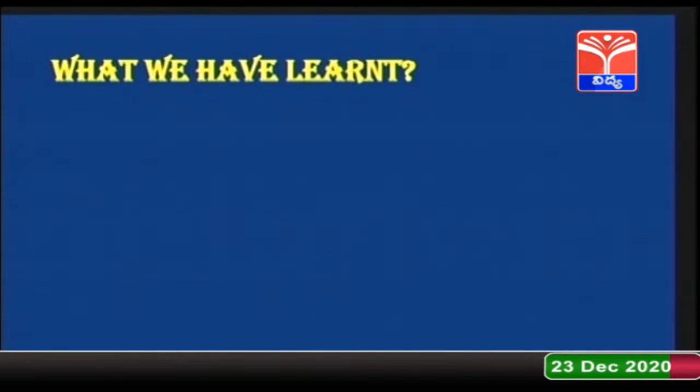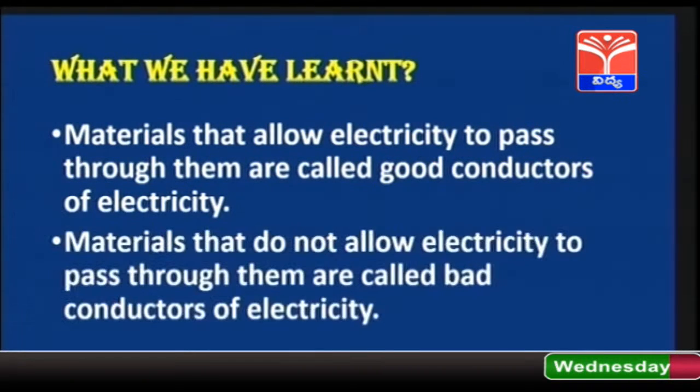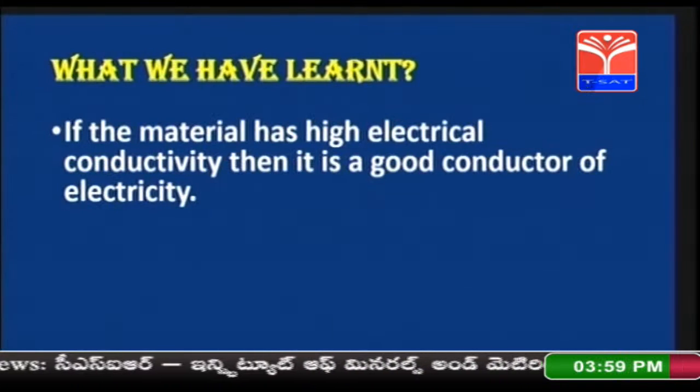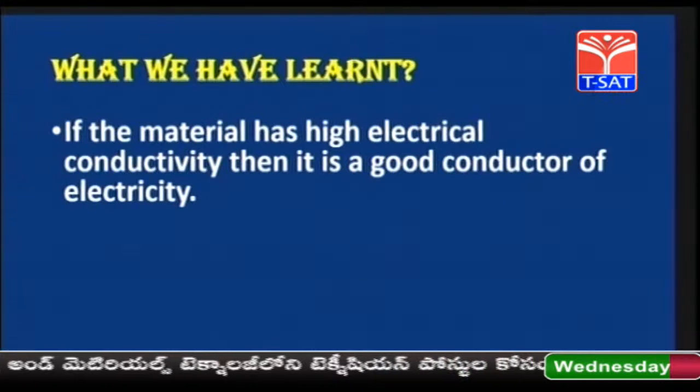Now, let us see what we have learned in today's session. Materials that allow electricity to pass through them are called good conductors of electricity. Materials that do not allow electricity to pass through them are called bad conductors of electricity. Learn these definitions, children. If a material has high electrical conductivity, then it is a good conductor of electricity.